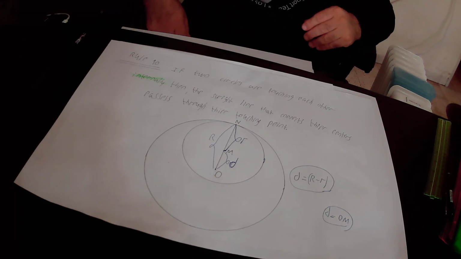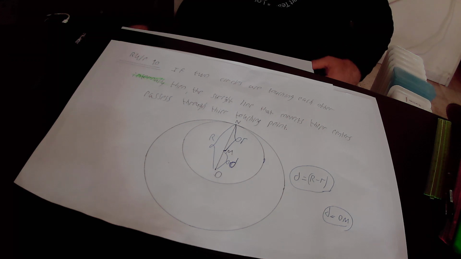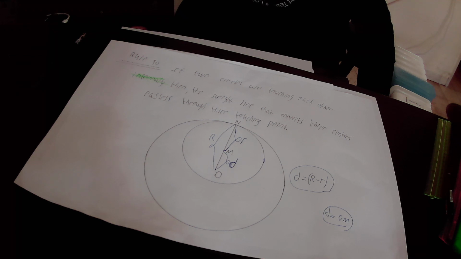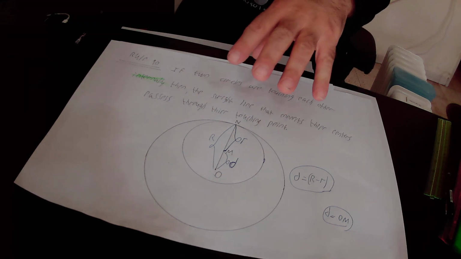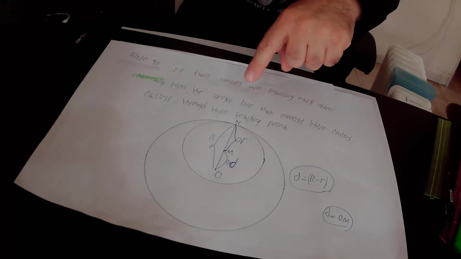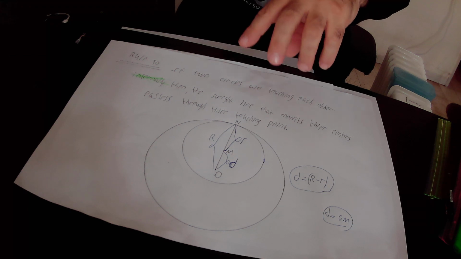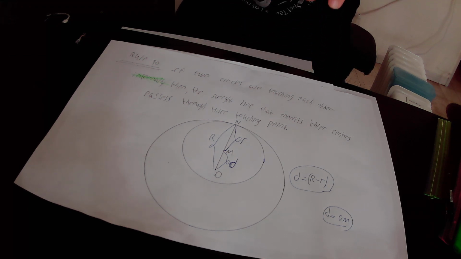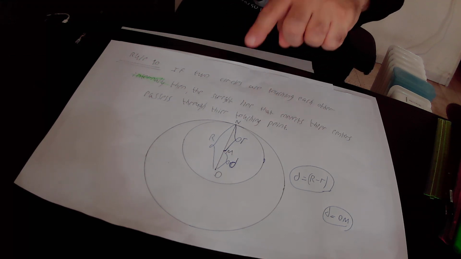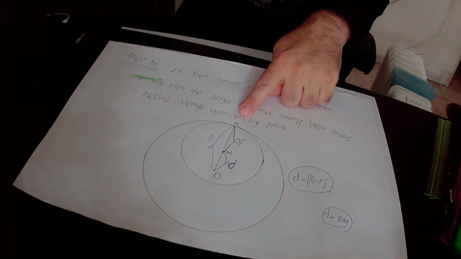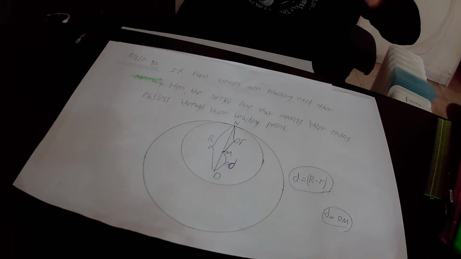According to rule number 10, if two circles are touching each other internally, then the straight line that connects their centers together passes through their touching point. In this drawing we have two circles. The small circle is located inside the big circle. Therefore, those two circles have an internal notch between them at point N. That is to say, they are touching each other internally at this point N.